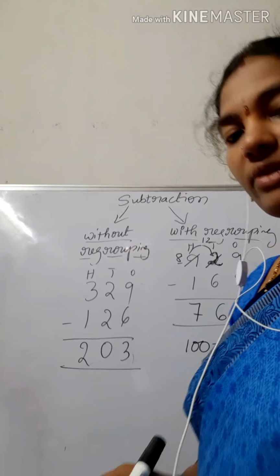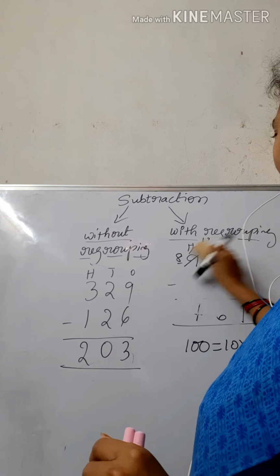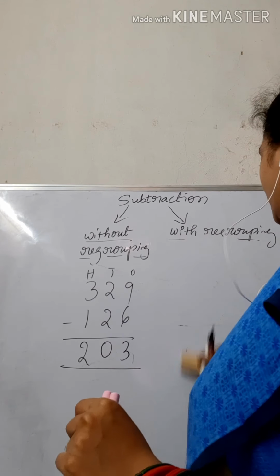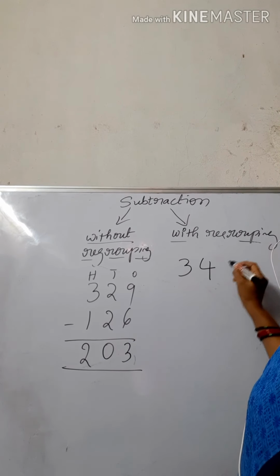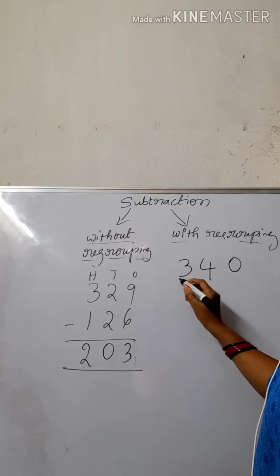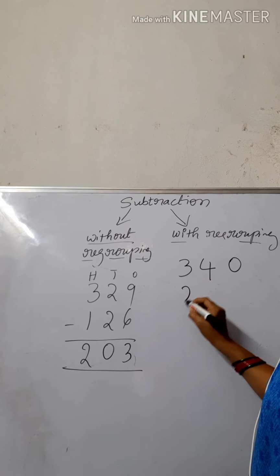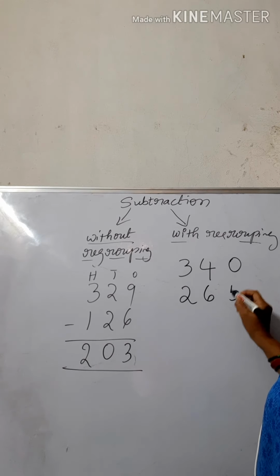One more example I will explain based on with regrouping. Then you can understand well. See children, I am giving 340 rupees, or any 3-digit number, minus 265.